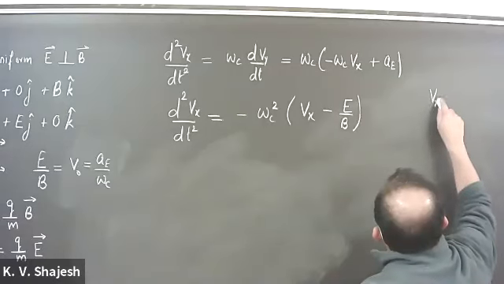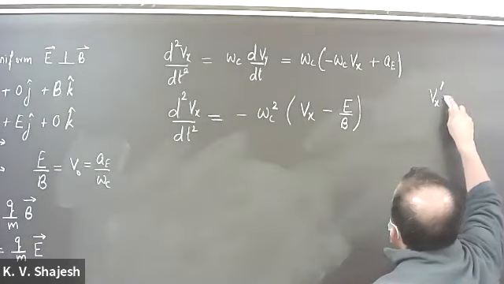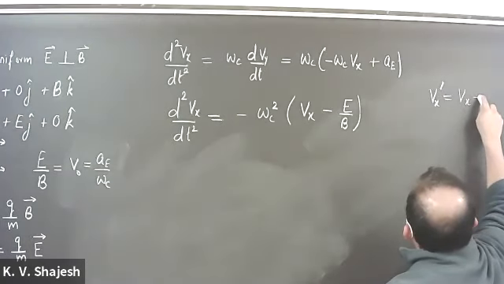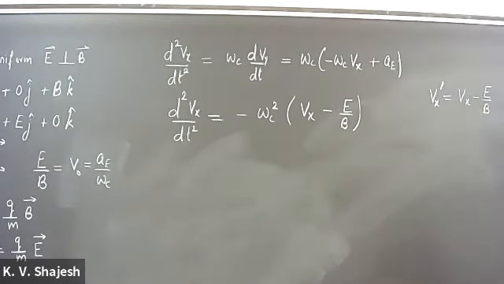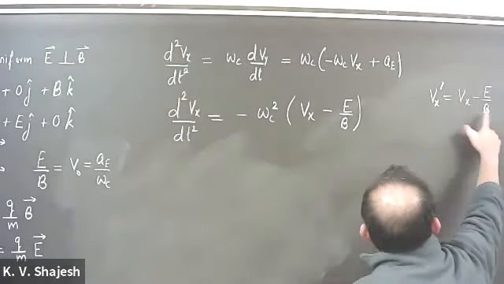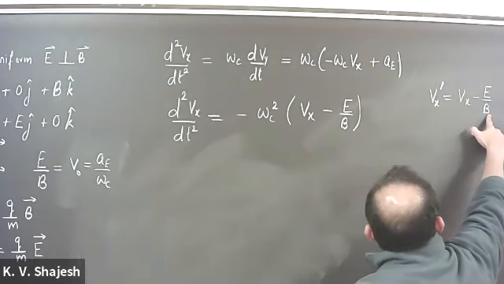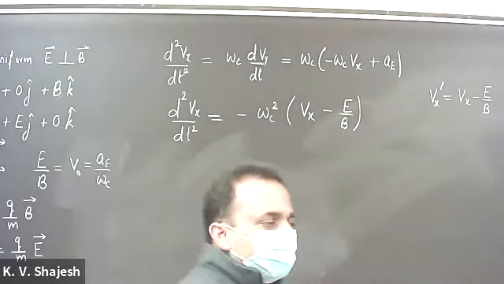Let me call Vx prime equal to Vx minus E over B. That's a momentary transformation I do. That way, when I take the derivative, this is a constant, so that doesn't matter. So the derivative will be the same.